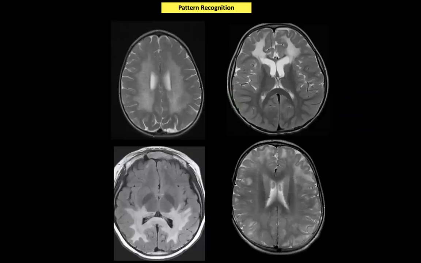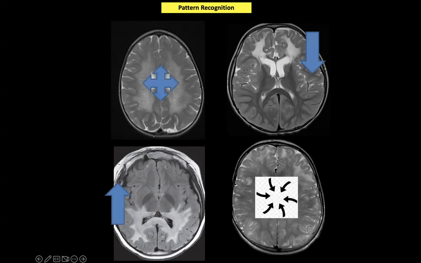So speaking about pattern recognition, we have seen some central involvement of the white matter, like in metachromatic leukodystrophy and Krabbe, but sometimes we have anterior involvement, predominantly posterior involvement, or diffuse peripheral involvement with sparing of the central white matter.